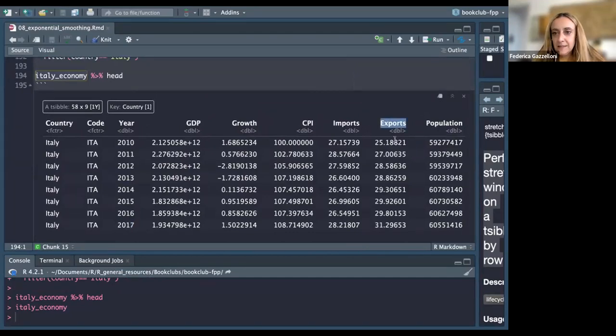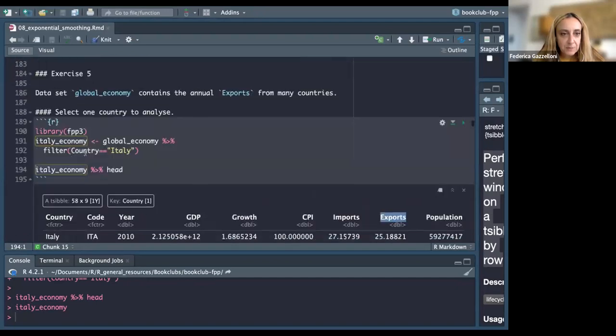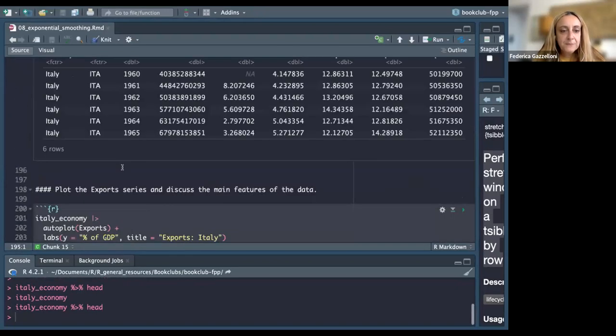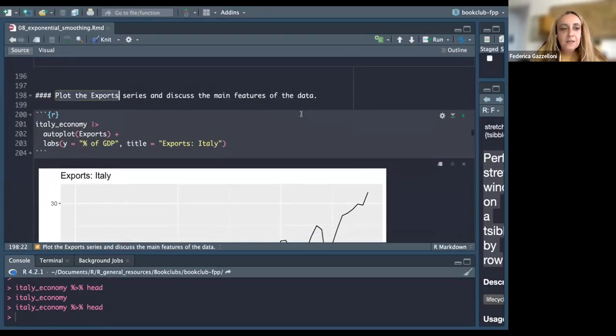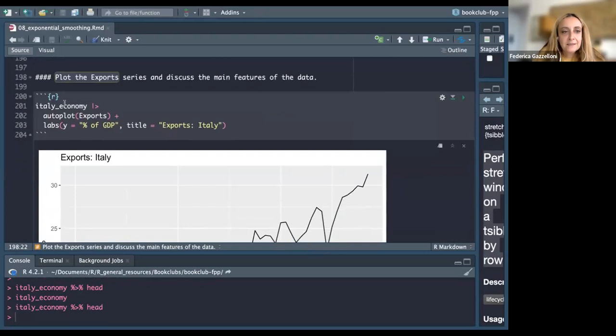What we are interested in, as I said, is the amount of exports. So the first thing is to plot the exports series and discuss the main features of the data. I'll start by using the autoplot function from the package on the exports.